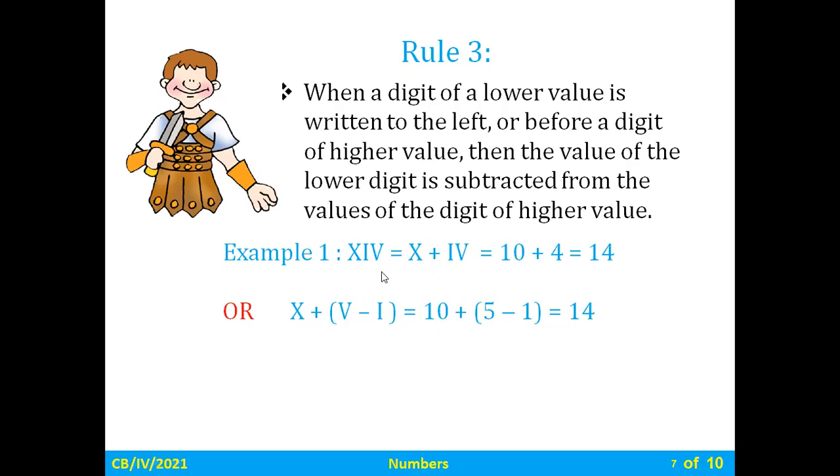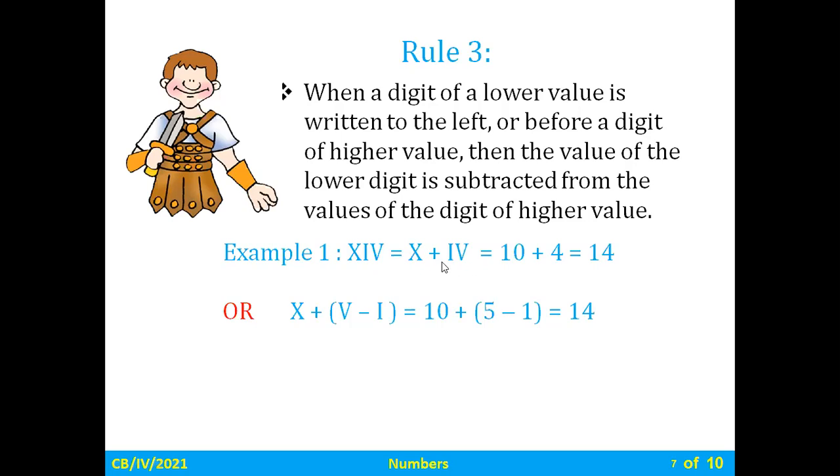Now, in the first rule, you had seen the example of 4: why we don't write it as 4 times I, but we write it as IV. The reason is that when the smaller value is written to the left of the higher value, the lower value is subtracted from it.